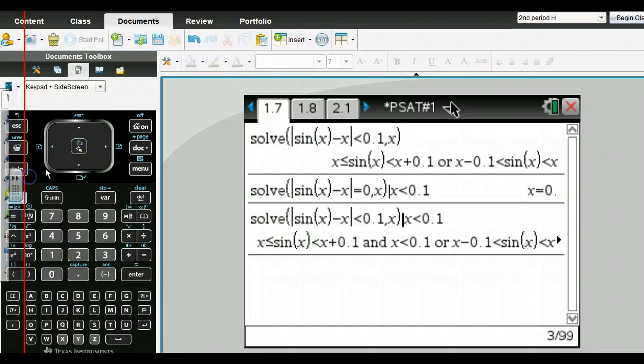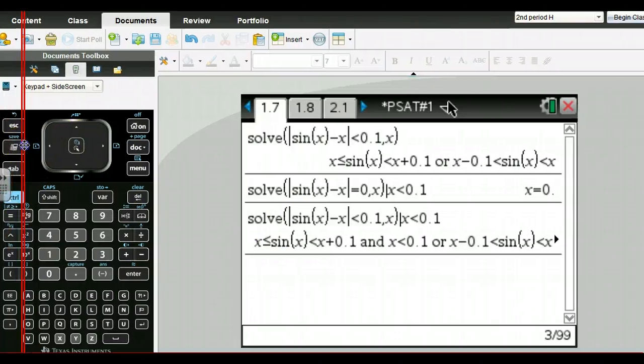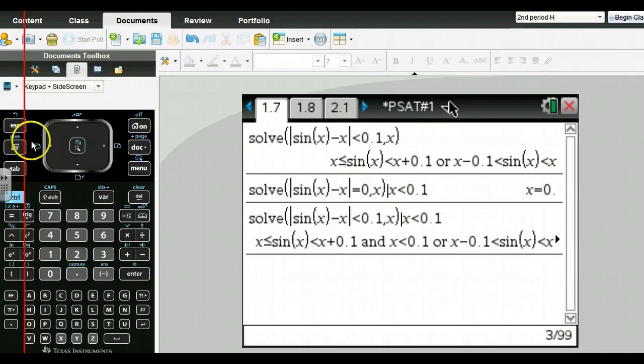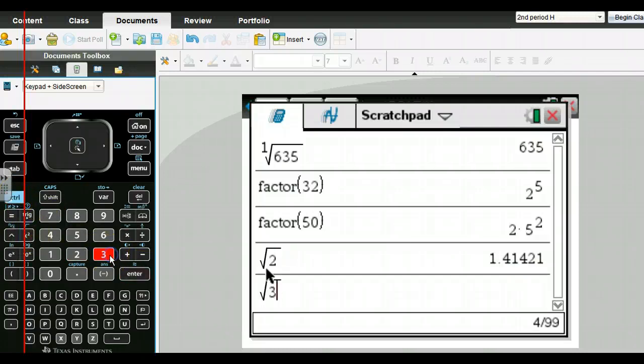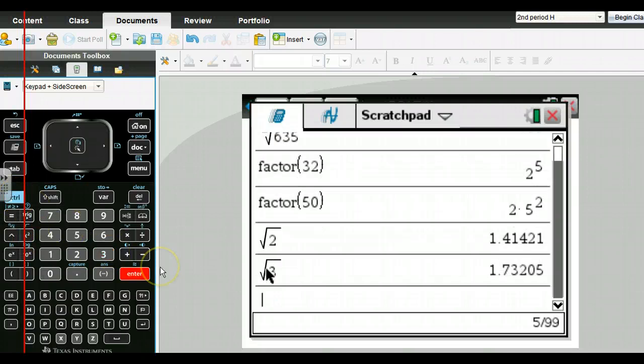So if you hit your scratch pad button right there in the corner, right on your calculator page, just go ahead and type in square root of 2, and I'm going to hit Control Enter to get the decimal there, and I'm going to type in square root of 3 and hit Control Enter to get the decimal there.